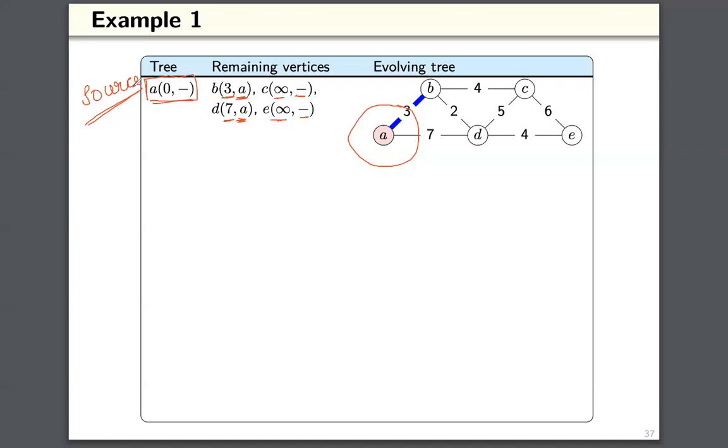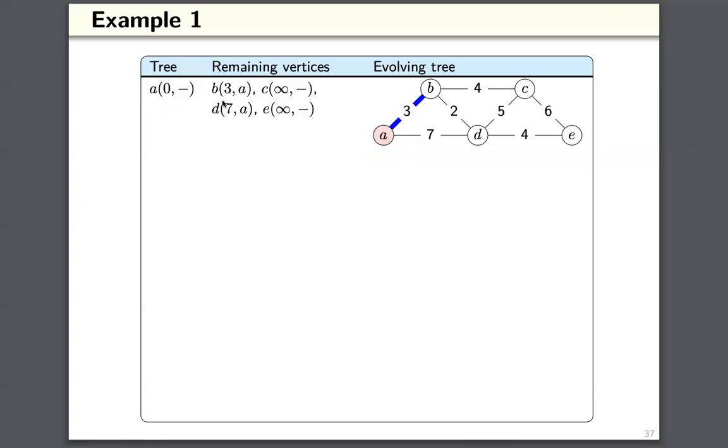Okay, that's another tiny difference. So here we are saying that A is the source vertex. Let's start from A. And B is reachable from A at a distance of 3, and its parent is A. D is reachable from A at a distance of 7, parent is A. C and E are unreachable. Okay, this is simple.